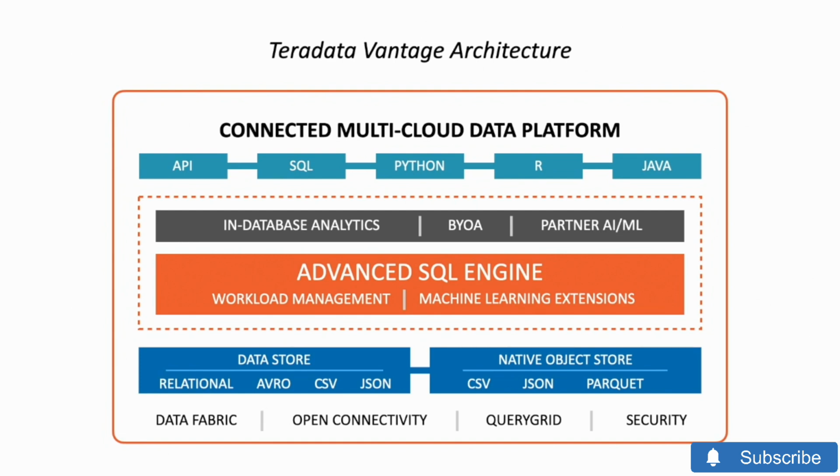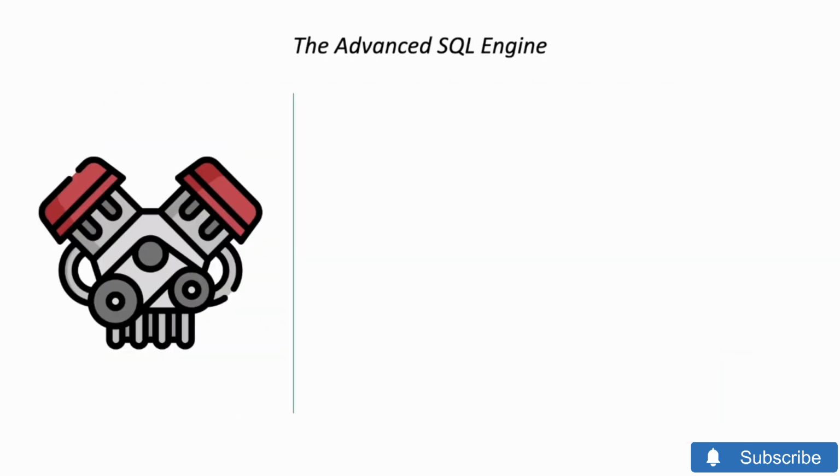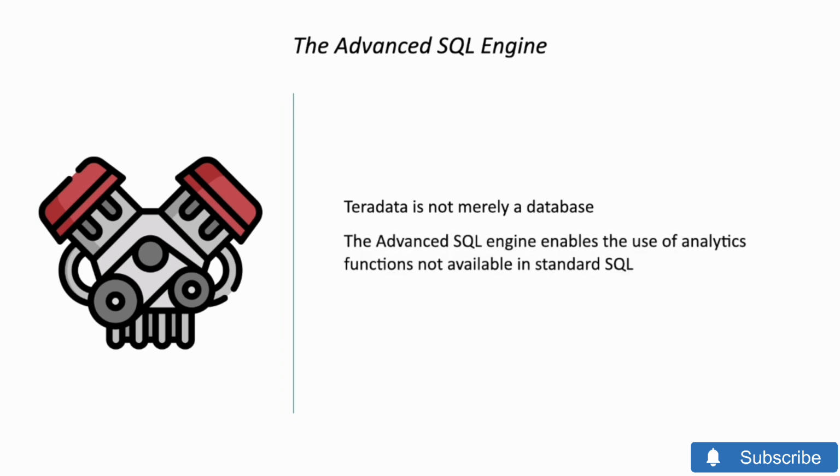Clearly, there are many different pieces in here, so let's focus on some of the important ones one at a time, starting with the Advanced SQL Engine, which we have already touched upon previously. So Teradata, of course, is not just a database. It is a single platform which combines features of a database as well as the analytics capabilities of a warehouse.